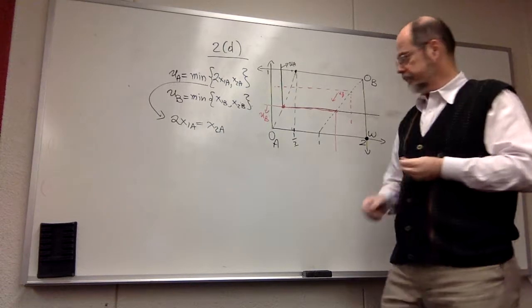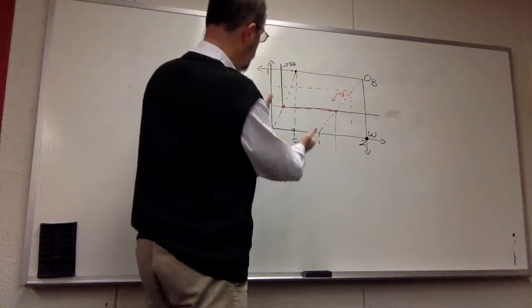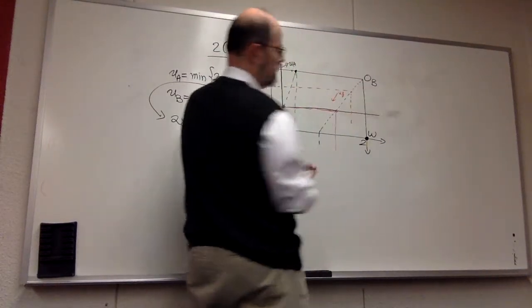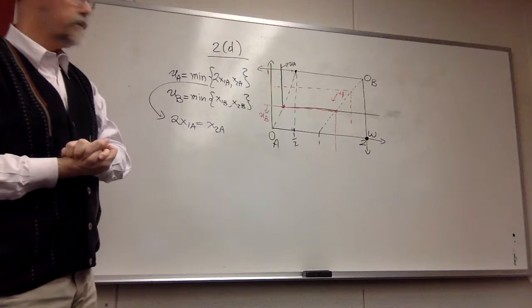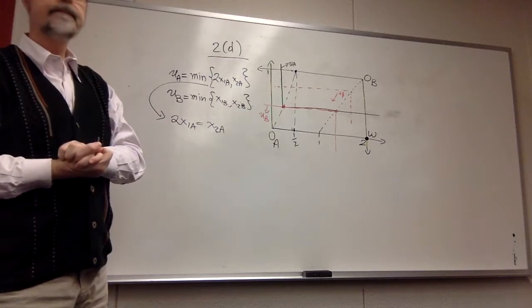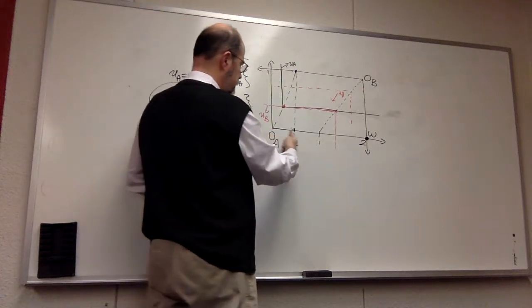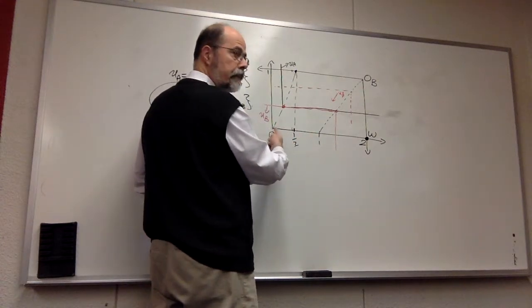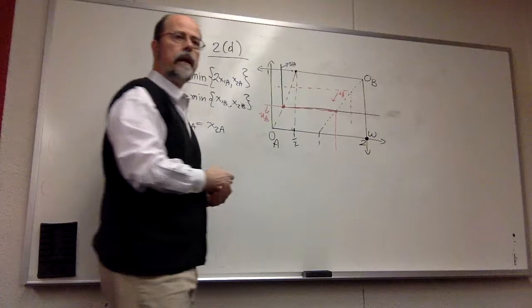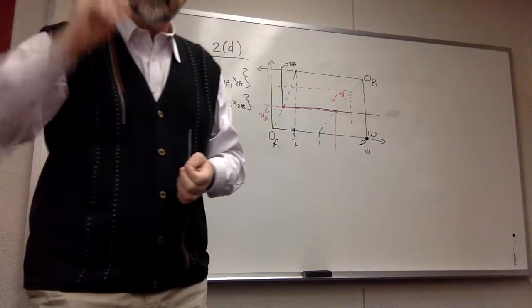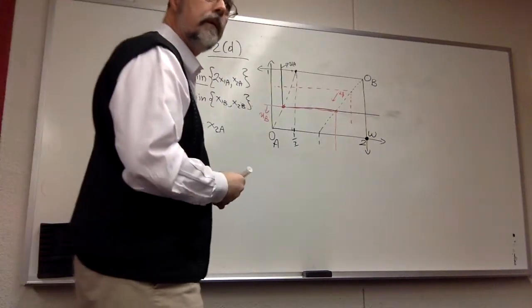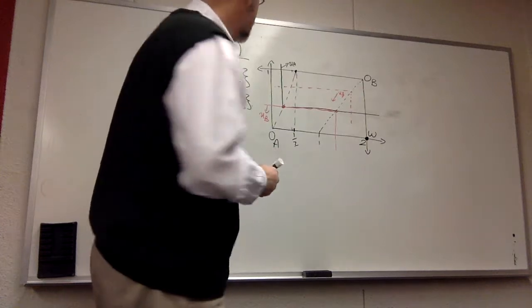It's going to be this trapezoid, all of it, all the points in between, including this segment and that segment on the edge, on the boundary of the Edgeworth box.